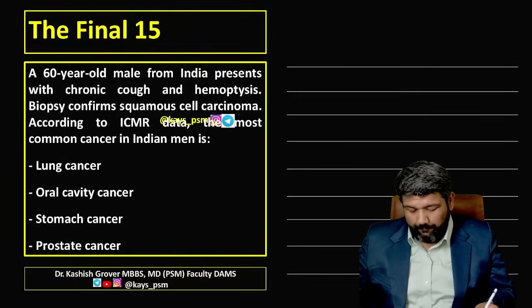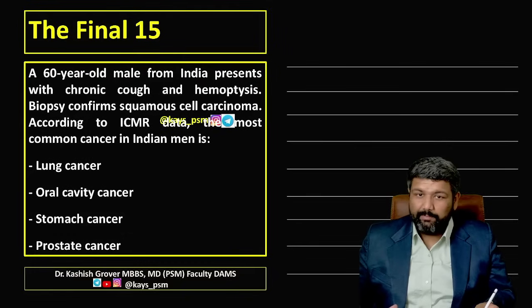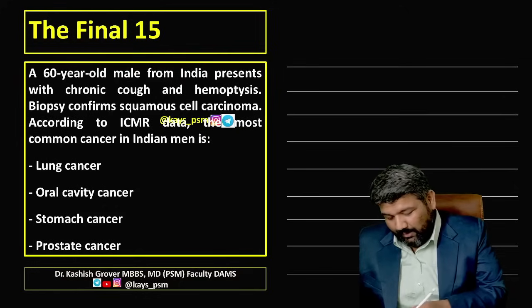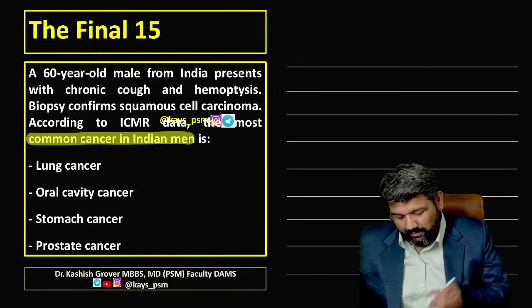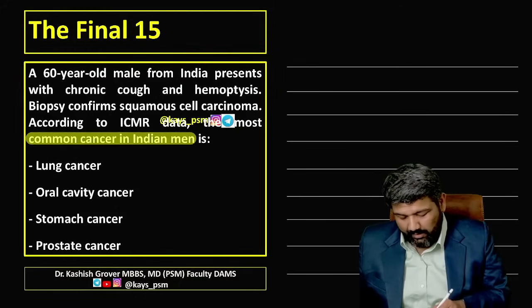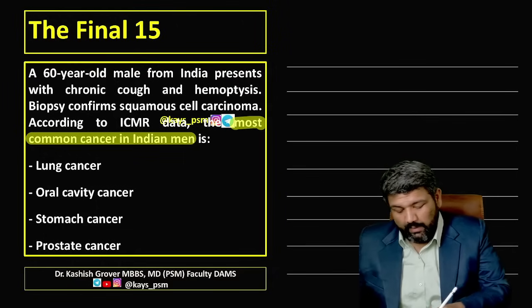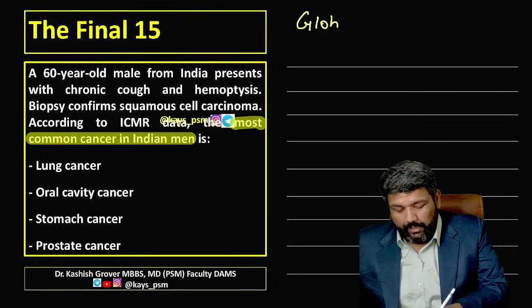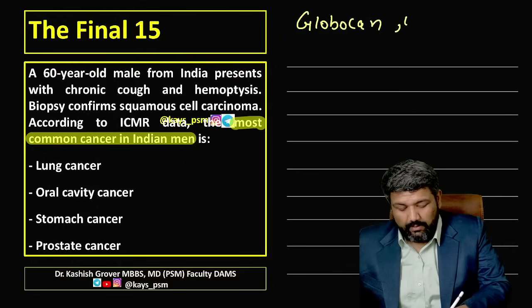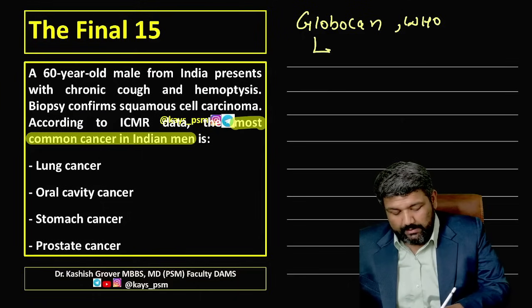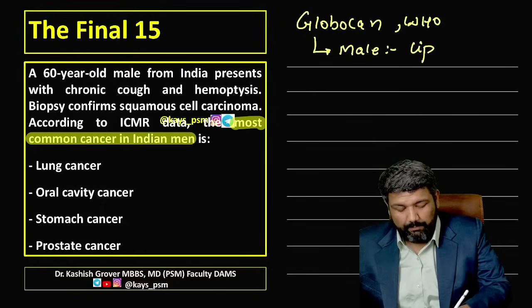A 60-year-old male from India presents with chronic hemoptysis. This was just the history to distract you. The main question is written here: according to the ICMR, most common cancer in India, guys. This I have already told you. See, there is Globocan. Globocan is WHO. WHO Globocan says the most common cancer in male is lip oral cavity.